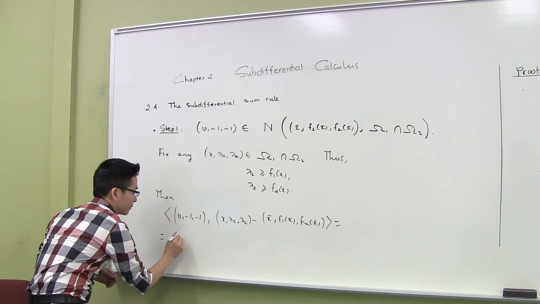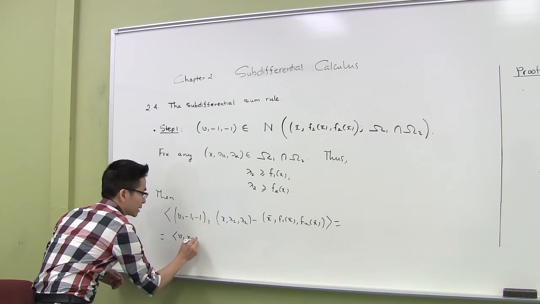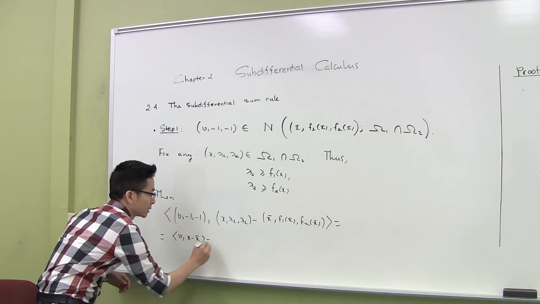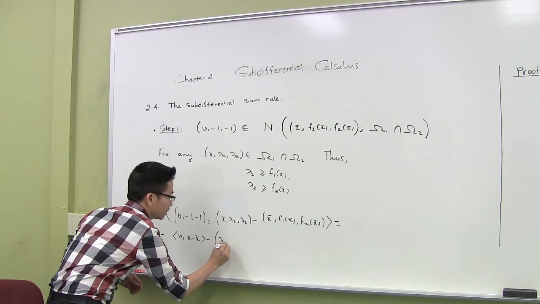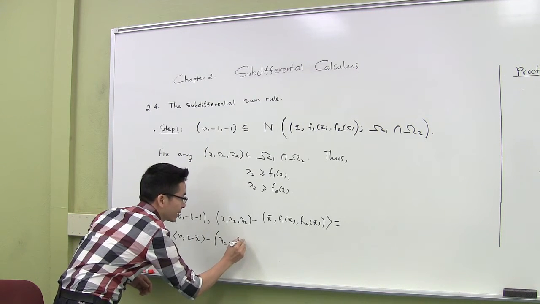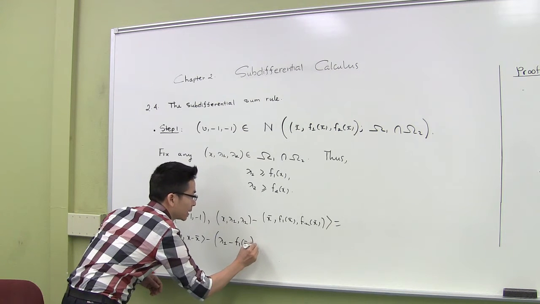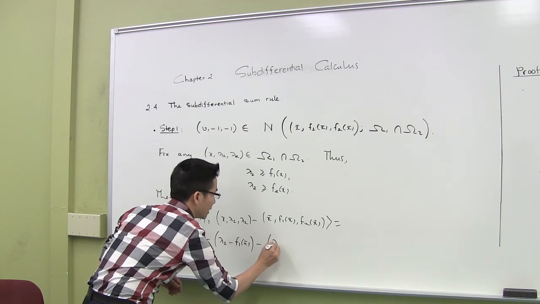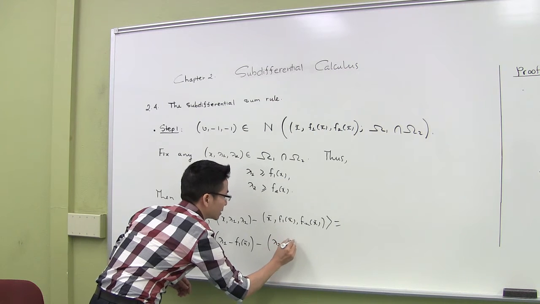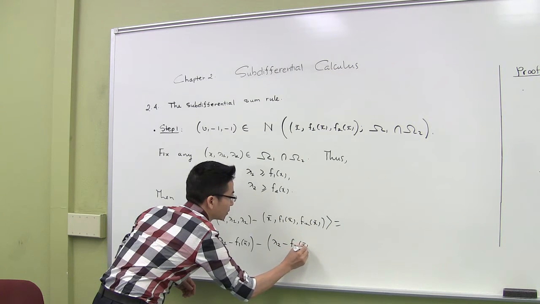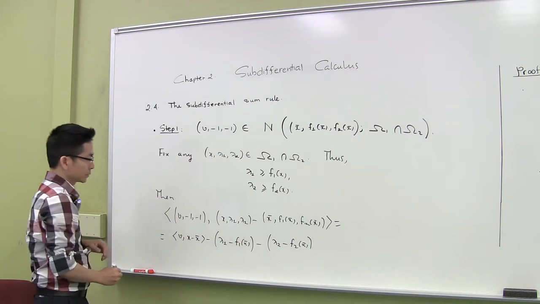The inner product of v and x minus x bar, minus lambda 1 minus f1 x bar, and then minus lambda 2 minus f2 x bar. Okay?